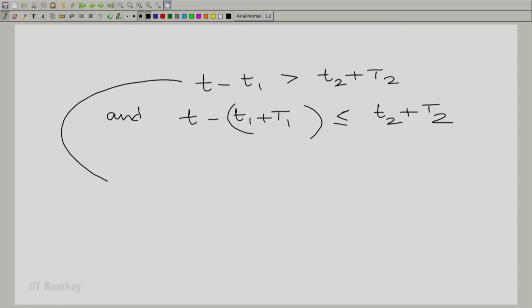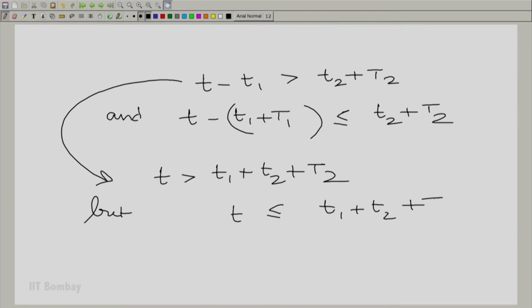So, this says T is greater than T1 plus T2 plus capital T2, but T is less than or equal to T1 plus T2 plus capital T1 plus capital T2. So, this is the region. The region specified algebraically is described as follows.